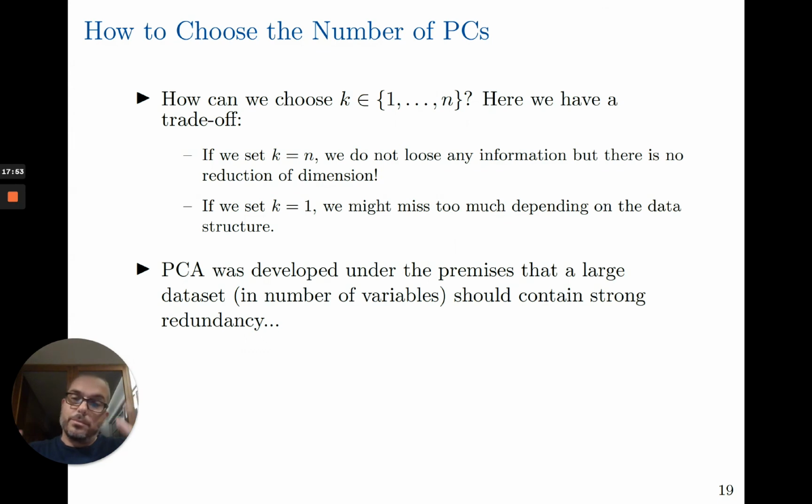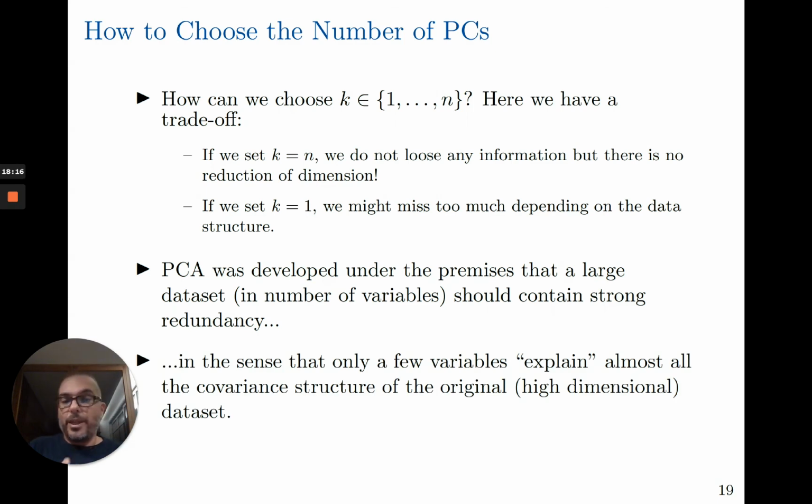So we have to trade off these two limit situations. And we hope that there is strong redundancy in the data such that we can drop some of the components without losing too much. So we have few variables, and we explain most of the covariance structure of the original data set.